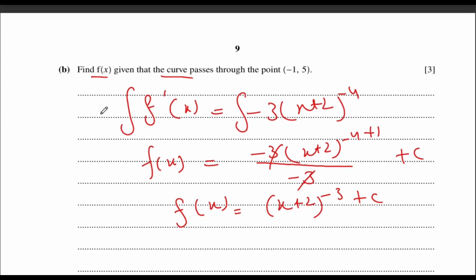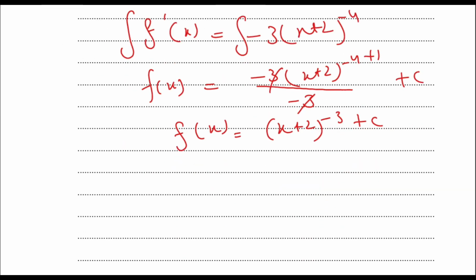Now we have to find the value of c at the point minus 1, 5. So the point is given as minus 1 comma 5. It means f of x is equal to 5 and x is equal to minus 1. So minus 1 plus 2 whole power minus 3 plus c.